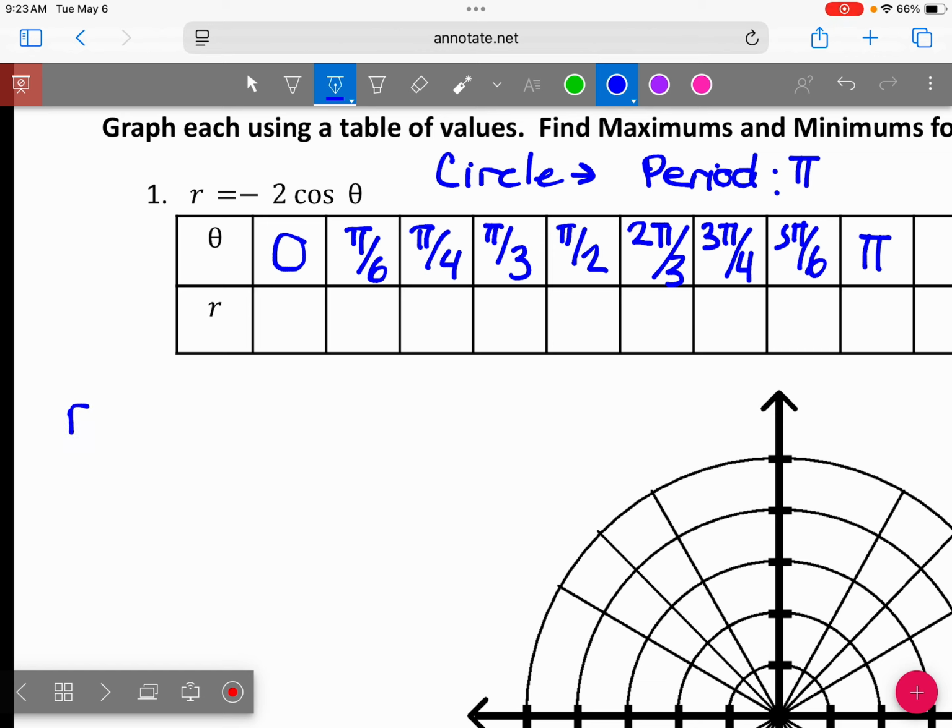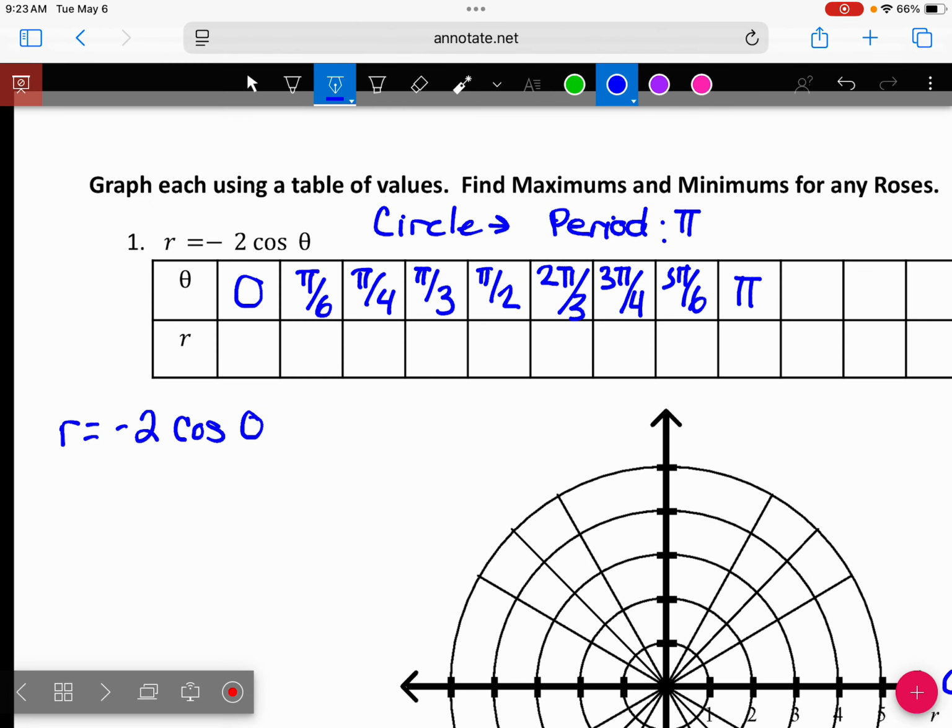All right, so then to find our R values, we take our pieces and substitute them in. Our R is going to equal -2 cosine of substituting each of our thetas. We can do these with unit circle values. We know them. We can also put them in the calculator to get decimals.